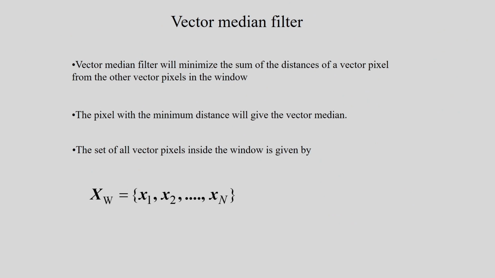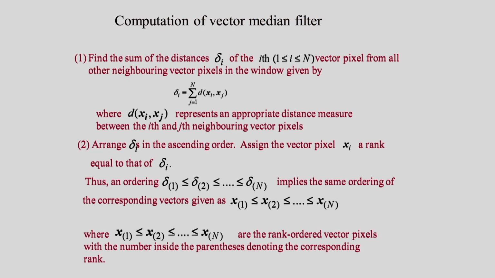Already I have explained the concept of the vector median filter, and I am considering one window, and in this window the pixels are x1, x2, like this. These are the vector pixels. After this, the next step, as I have explained, is to find the distances and arrange all the distances in ascending order, and find the minimum distance. Which one is the minimum distance, and corresponding to it I have to find the vector pixel.